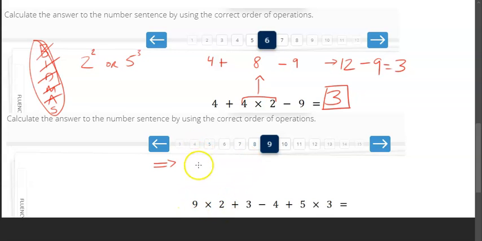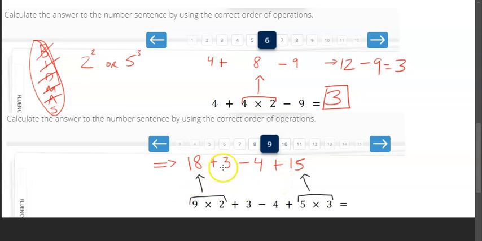So 9 times 2 is 18, then we have plus 3 minus 4 plus, and before we get to plus, we have 5 times 3, which is 15. I've multitasked this multiplication to get 18, and this one to get 15.